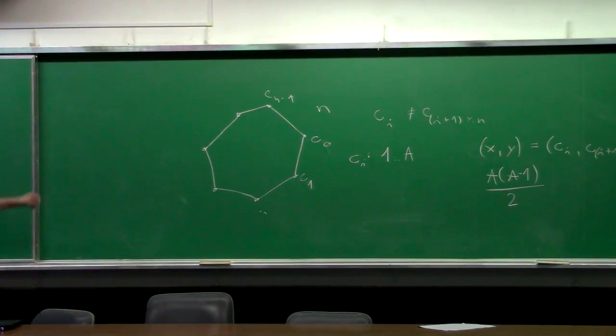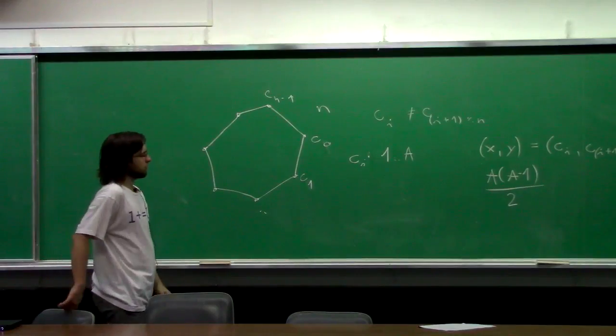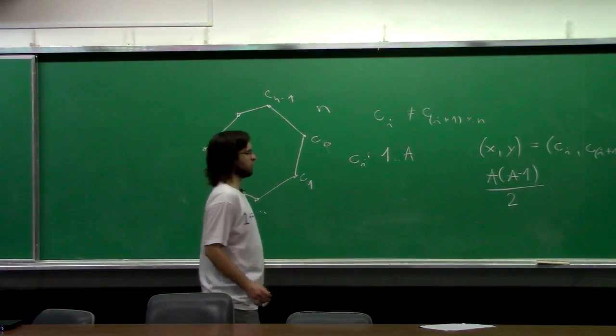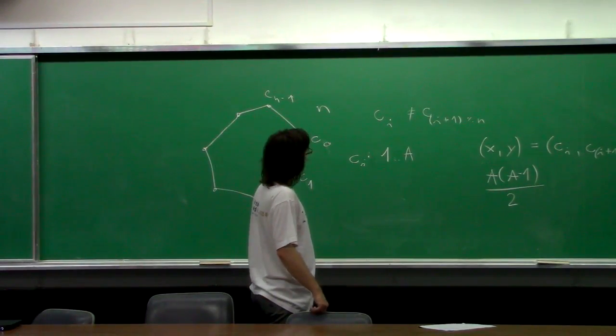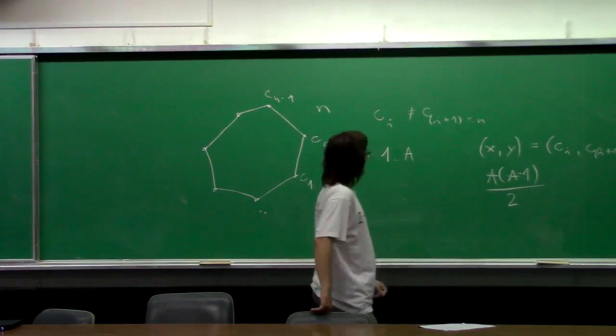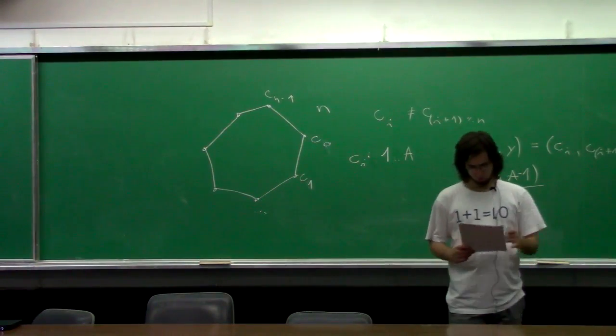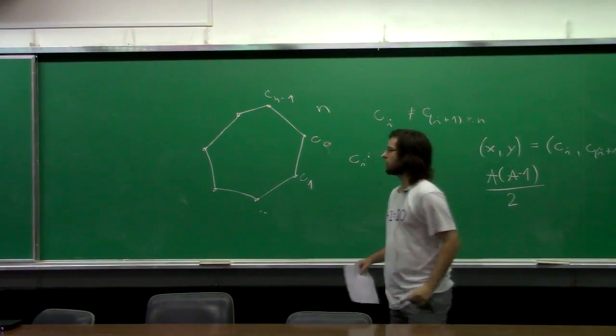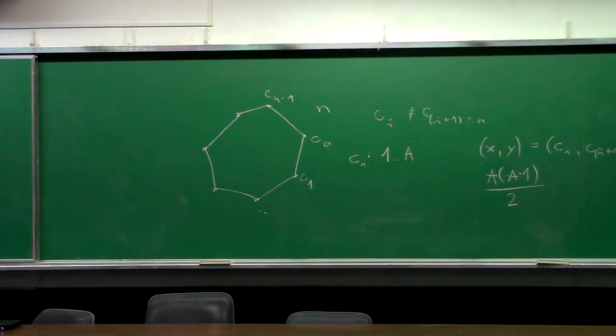Instead of having colors on some graph, let's say that the colors are the vertices of one graph. So if we knew this number A, then, let's say that A equals 4 for some graph.